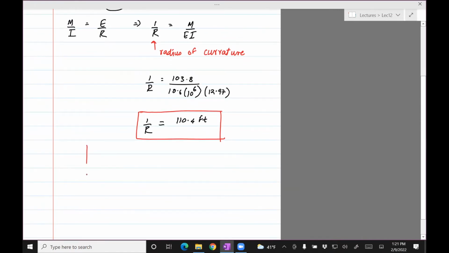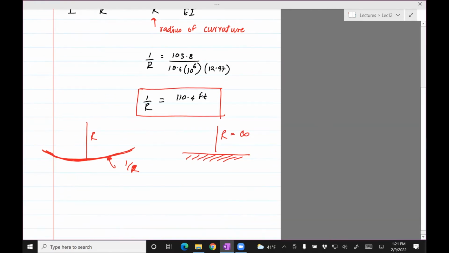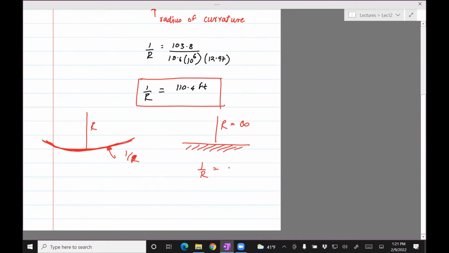Sure. So R is this, right? And 1 divided by R is a measure of how much it's curved. So if you have a flat line, like a plane, then R equals infinity, right? The center of that circle is at infinity. So 1 divided by R equals 1 divided by infinity, which is 0. So you can see it's perfectly flat.